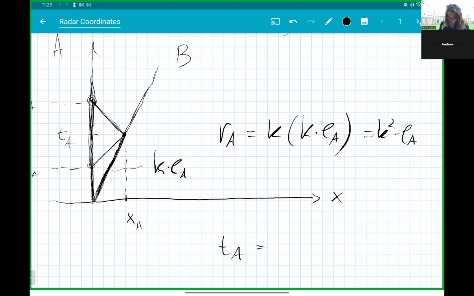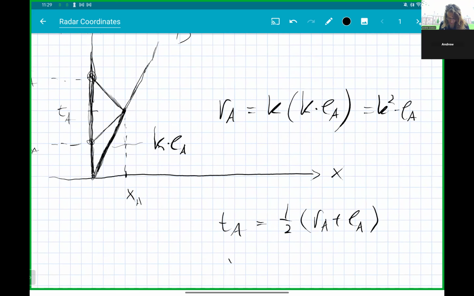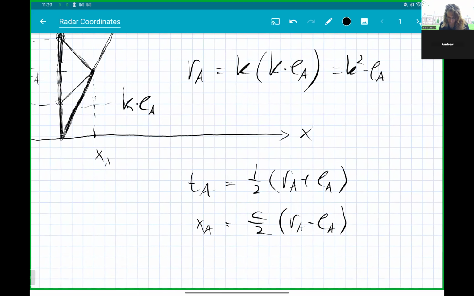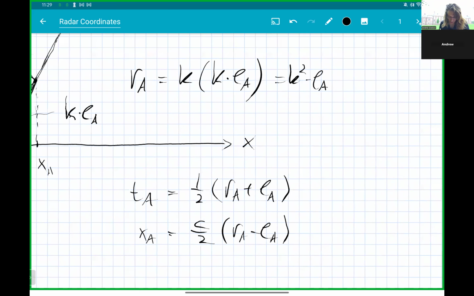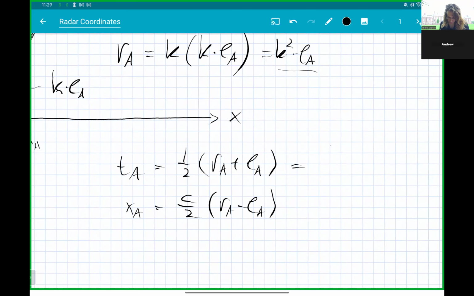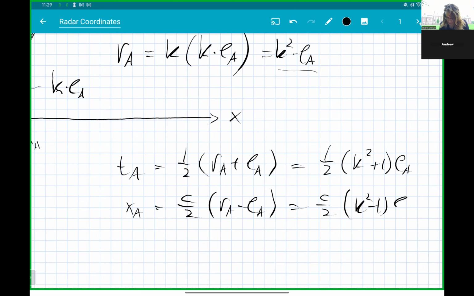TA is just half a sum of RA plus EA, and XA just C over 2 times RA minus EA. Substituting this result, we are getting K squared plus 1 times EA over 2, and C over 2 times K squared minus 1 times EA.